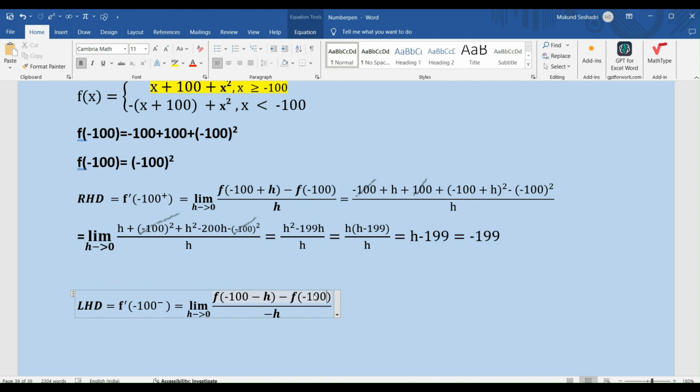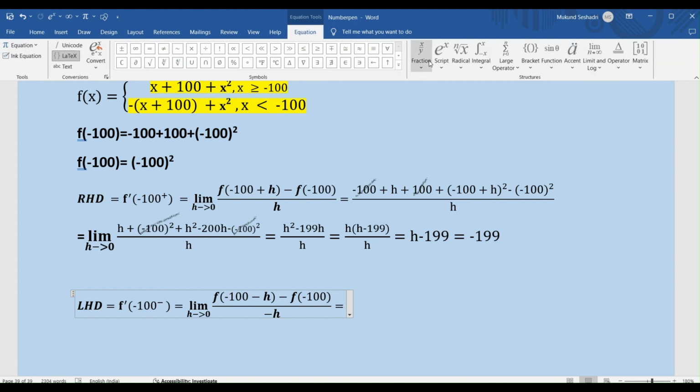It is when x takes a value which is lesser than minus 100, but by a very infinitesimal h tending to 0, which means I will have to apply this equation for considering f of minus 100 minus h, right? So I'm going to do that substitution.